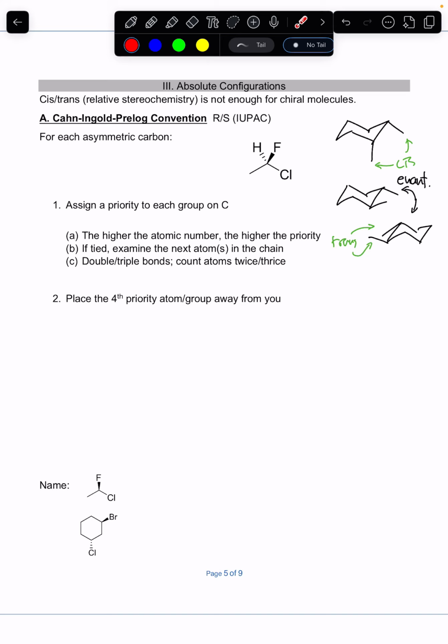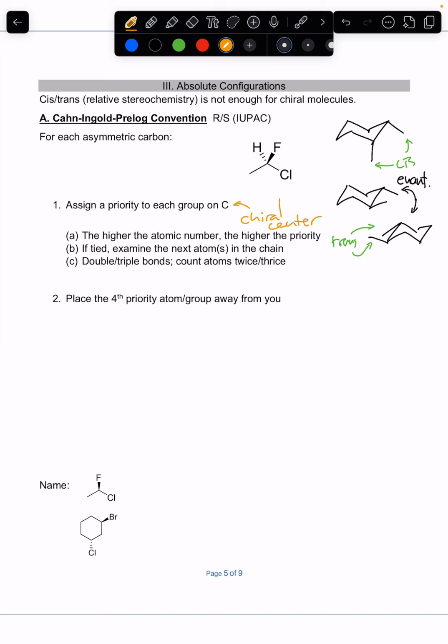Here's the Cahn-Ingold-Prelog convention, the two steps we're going to go through. First step, assign a priority to each group on the carbon, which is the chiral center. The higher the atomic number, the higher the priority.